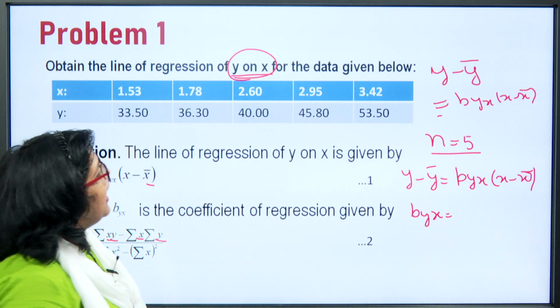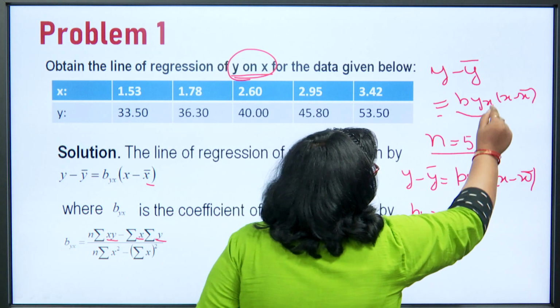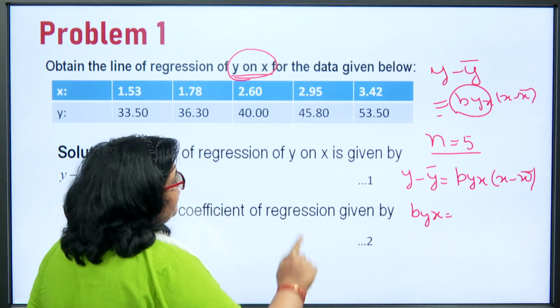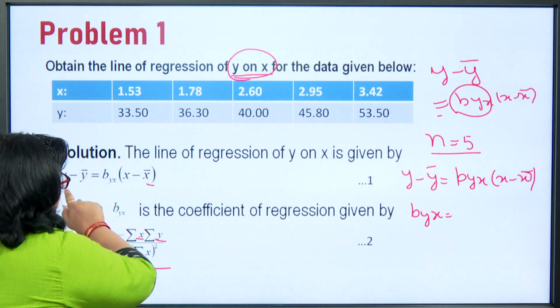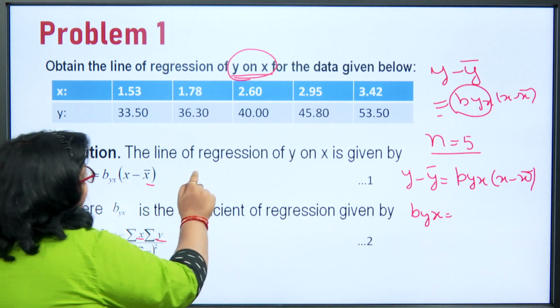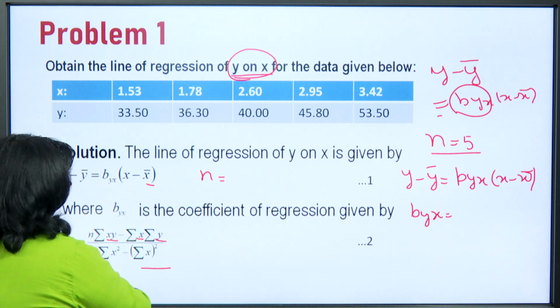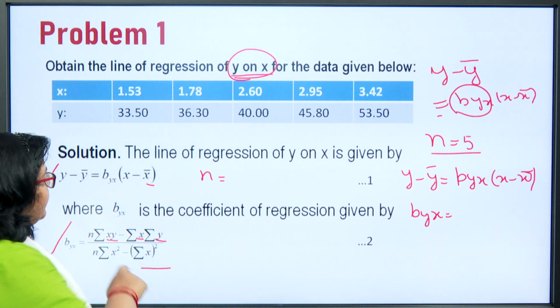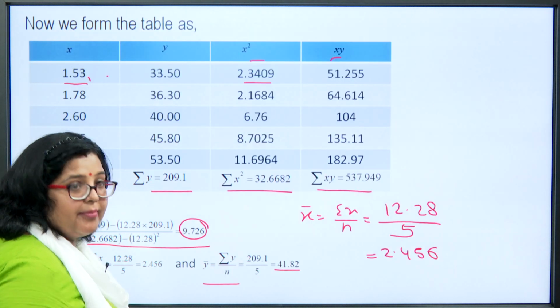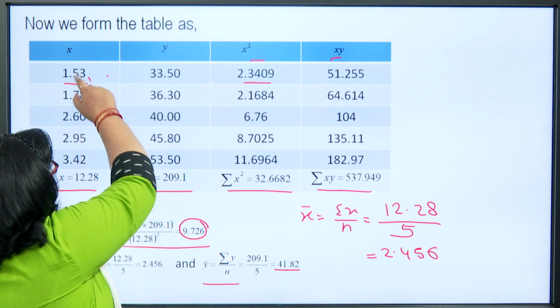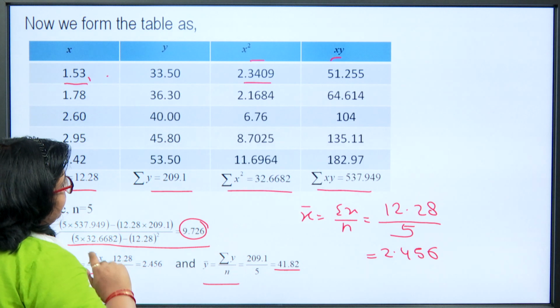After this we write the equation for byx. First we write the equation, second we write n, third is byx. Then we draw the table with columns x, y, x square, xy.